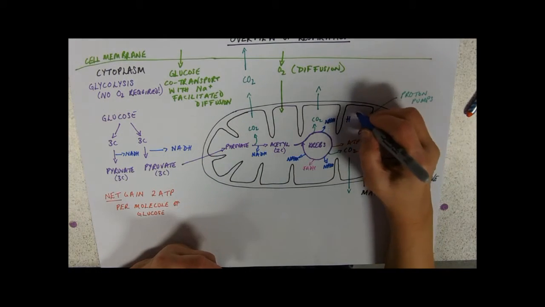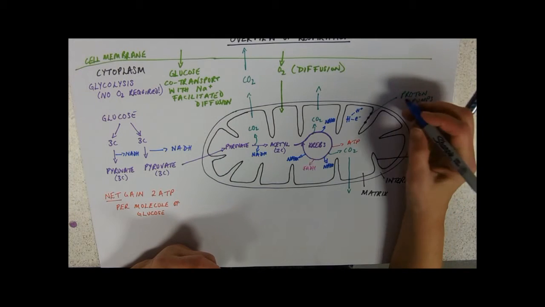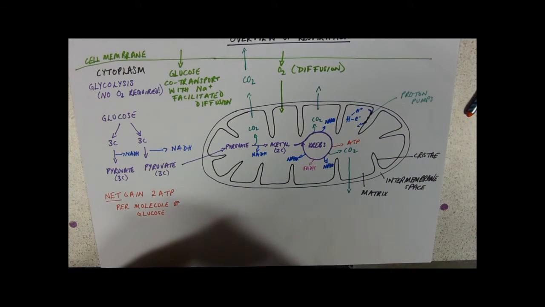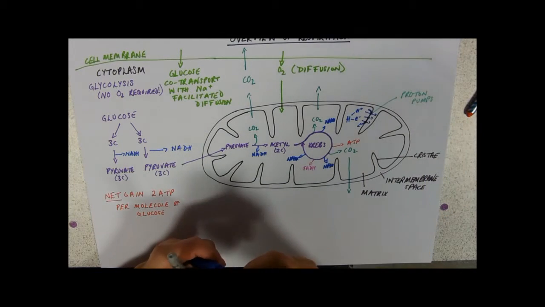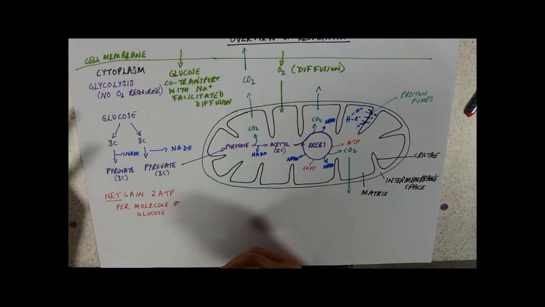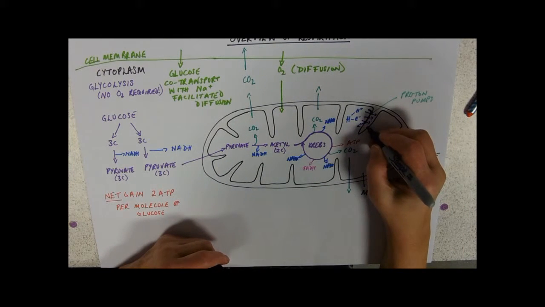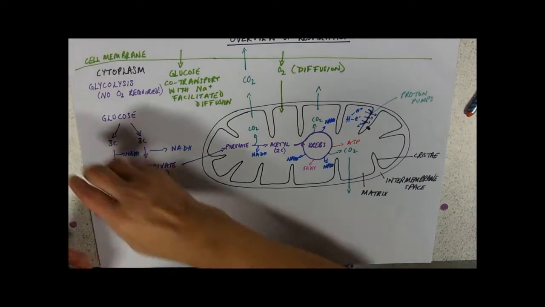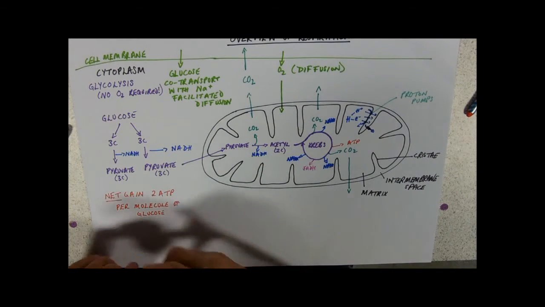Our hydrogen is going to split off into a proton and a high energy electron. The electron is going to go down the chain, releasing energy to pump those protons across into the intermembrane space. And then of course we're going to make ATP with that, so in addition we've got stalked particles through which those protons can diffuse and release ATP.